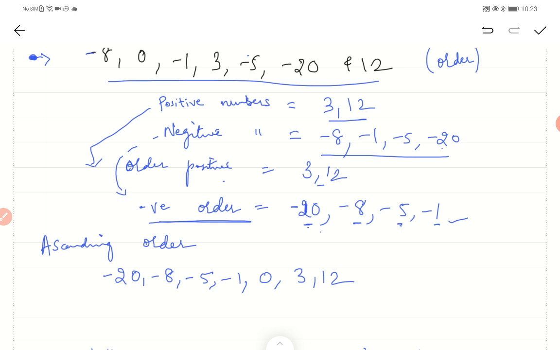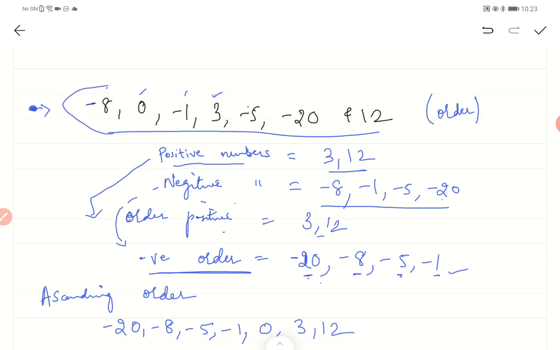You will divide the positive numbers and negative numbers from the given set of integers. In order to place them in order, you will do these steps. First, get your positive numbers, then get your negative numbers.